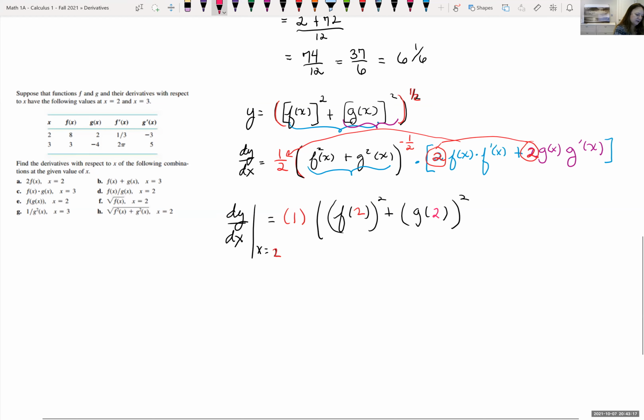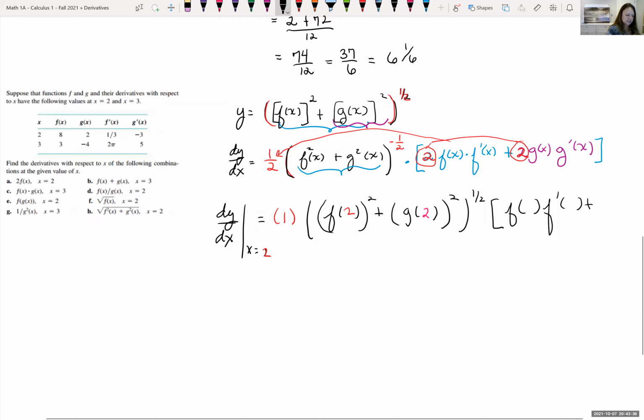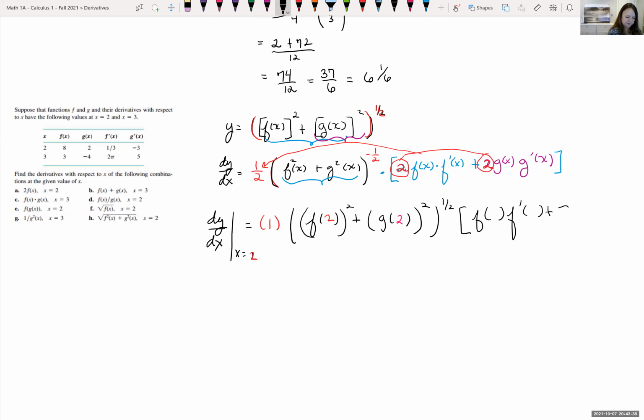And that's all raised to the 1/2 power. Times, so now we're plugging into wherever we see an x, we pulled that 2 out. So we have f of 2 times f prime of 2 plus g of 2 times g prime of 2.